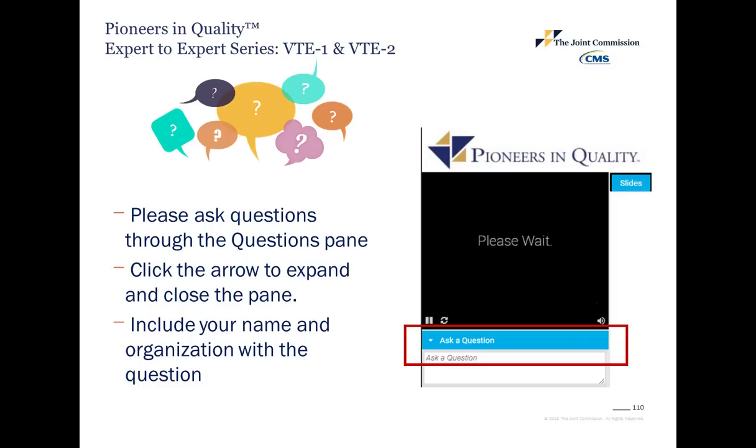Our next question comes from Faith Cohen. Does aspirin fulfill the measure? No. As far as I remember, aspirin is not a VTE prophylaxis medication, but we can clarify and confirm afterwards.